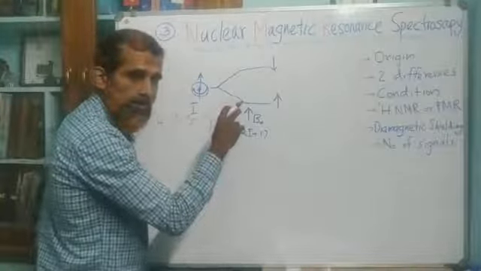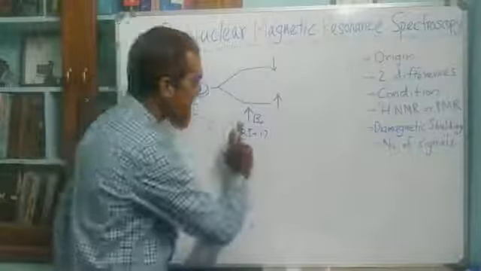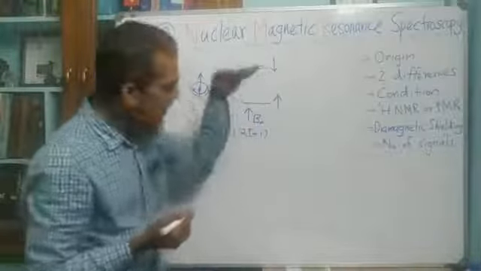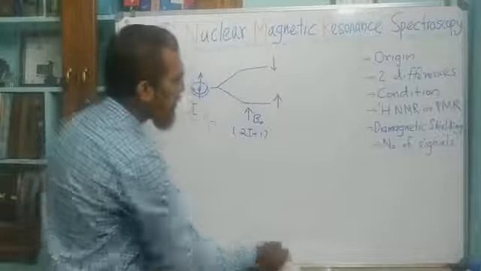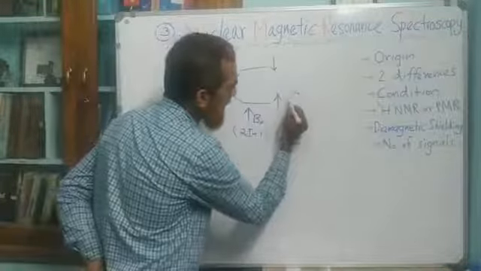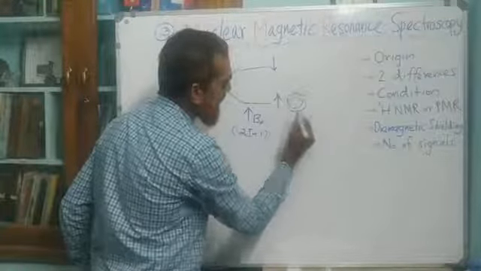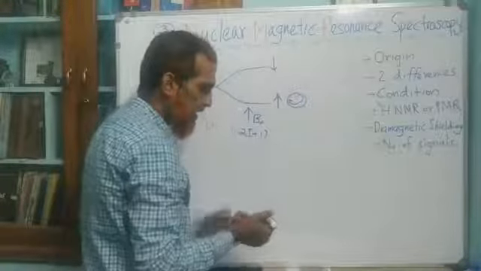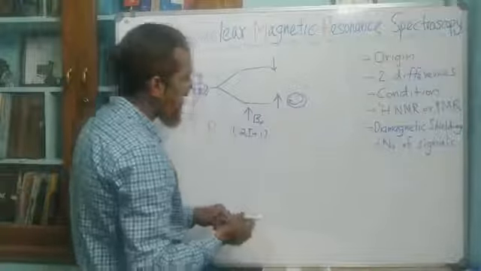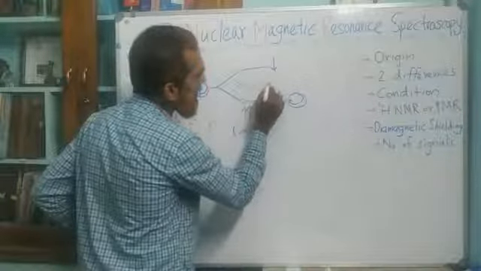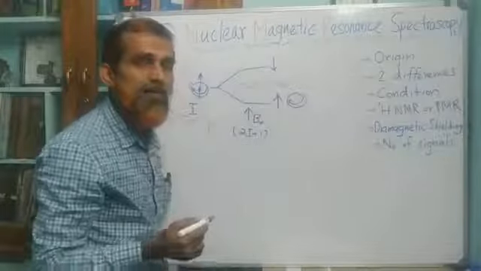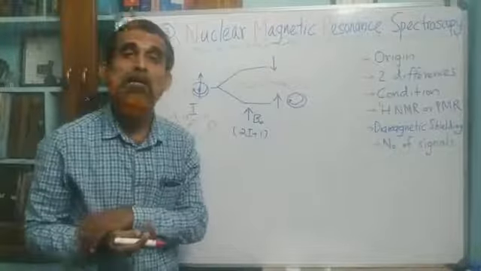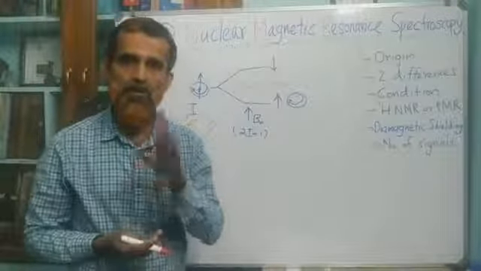So, when such nuclei are kept in an applied magnetic field, we can induce transition from lower energy to higher energy. That means, normally, the nucleus, suppose with this kind of clockwise spinning, has lower energy. When we send electromagnetic radiation, coming from radio frequency, for NMR the EM radiation uses these radio waves.